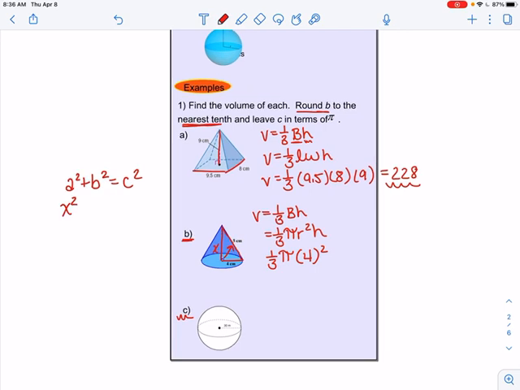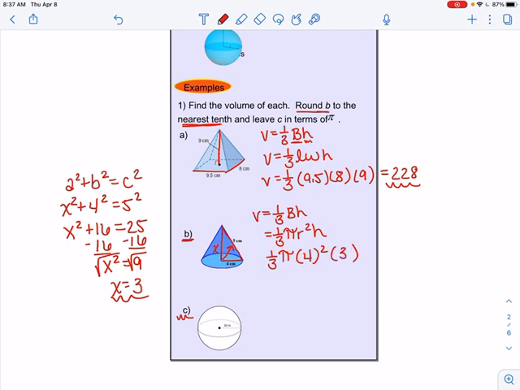So I'm going to have x squared plus 4 squared equals 5 squared, or x squared plus 16 equals 25. Subtract 16 from both sides, and x squared equals 9. The opposite of squaring something is to take the square root, and the square root of 9 is 3. So 3 is the height of that cone.